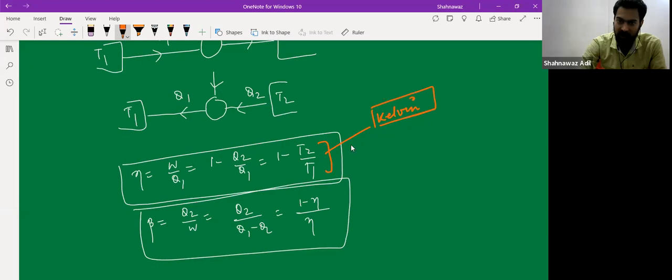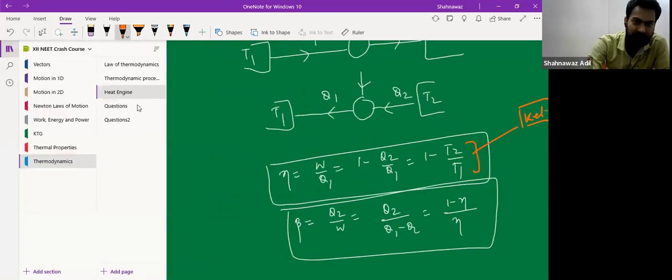So this formula holds for Kelvin temperature. Whatever the temperature is given, you have to change that into Kelvin, right? So this is a very crucial point. Always keep this in mind.